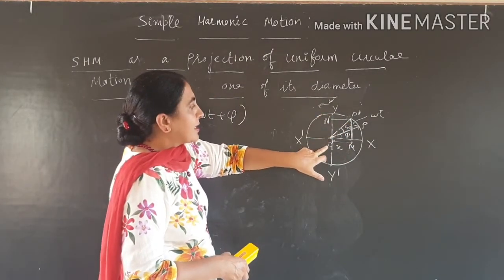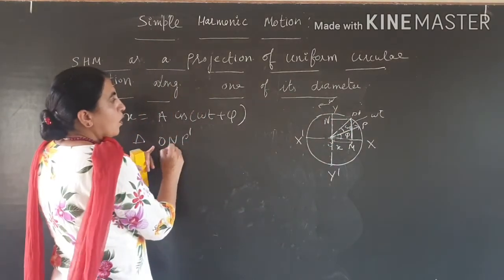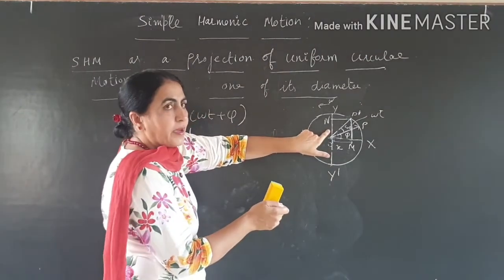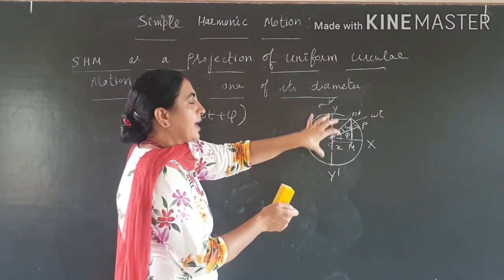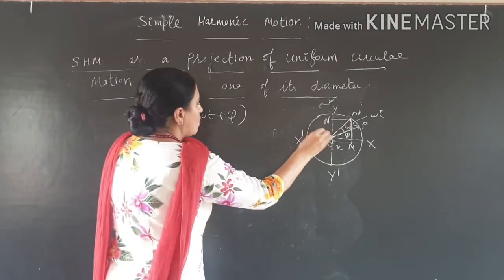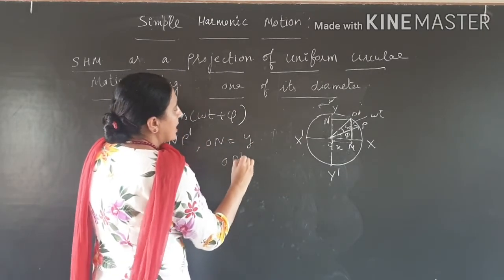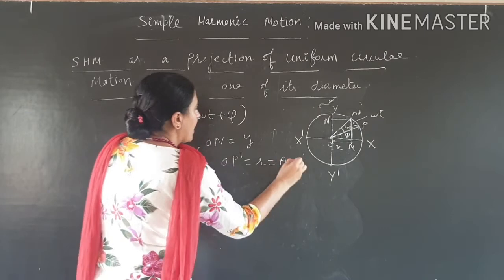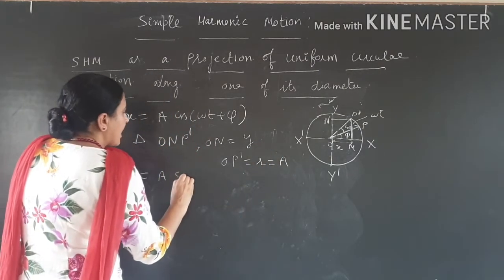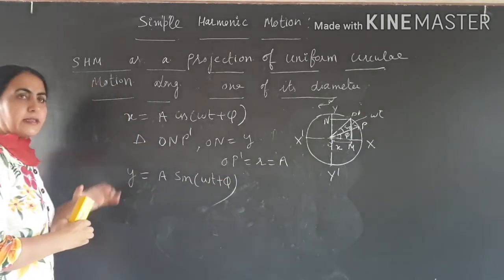So when we take the triangle ONP dash, this angle is 90 minus omega t plus phi, and following the same process, taking the distance ON equal to y, and OP dash equal to R, that is equal to A, you get y is equal to A sine of omega t plus phi. Clear? You will get this.